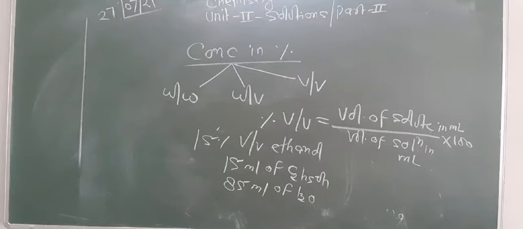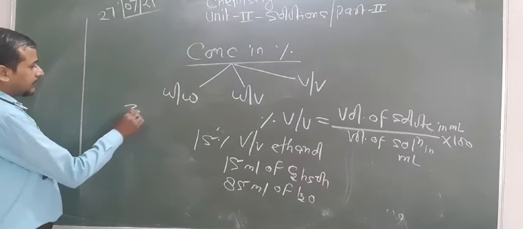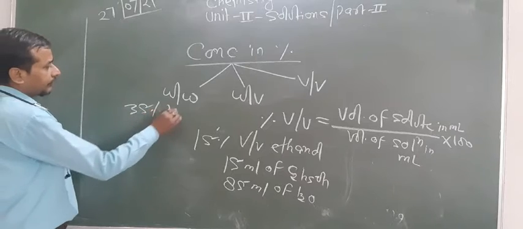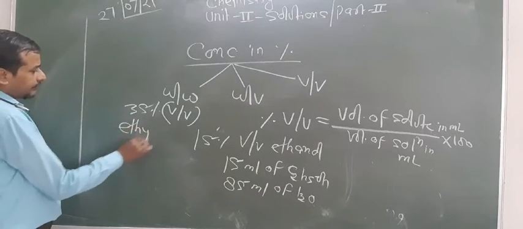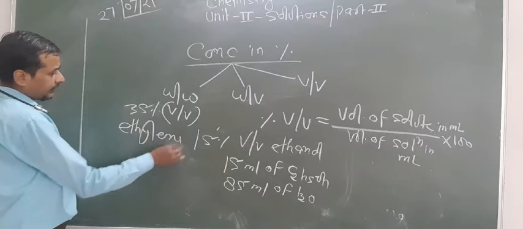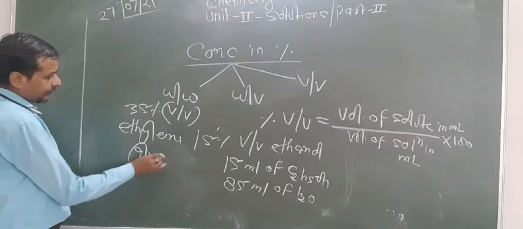This is the commonly used method in the case of liquids. Solutions containing liquids are commonly expressed in this unit, for example, 35% V by V ethylene glycol.